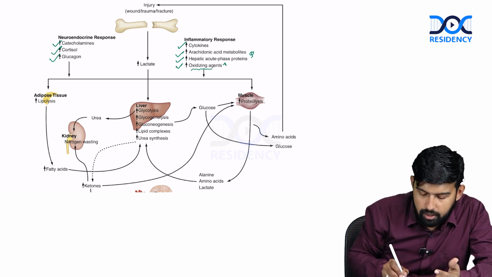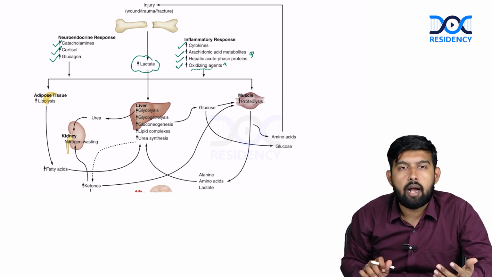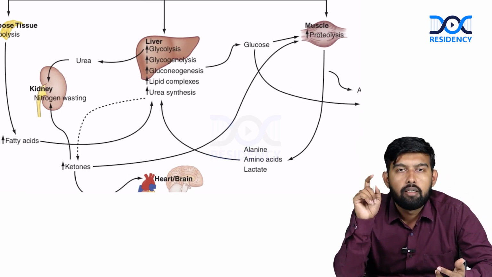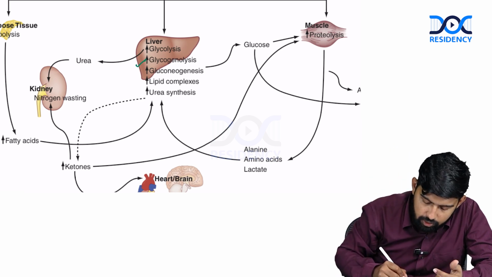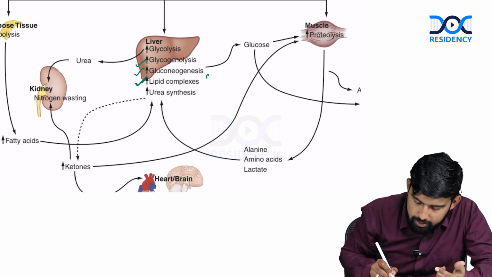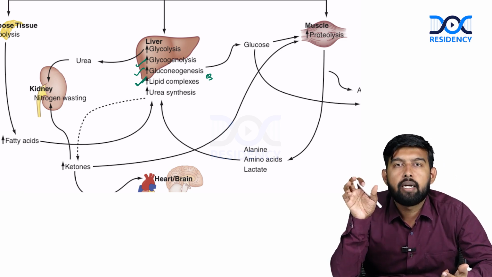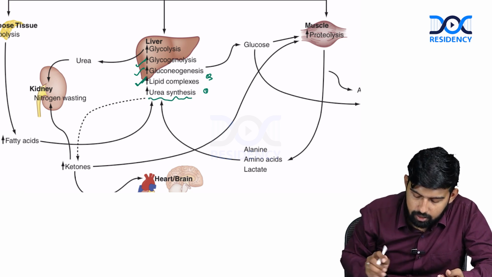And at the tissue level, there is an increase in lactate, which causes metabolic acidosis, and will stimulate hepatic glycogenolysis and gluconeogenesis. Lipid complexes are utilized for the formation of glucose by hepatic gluconeogenesis, and there is an increase in urea synthesis as well.